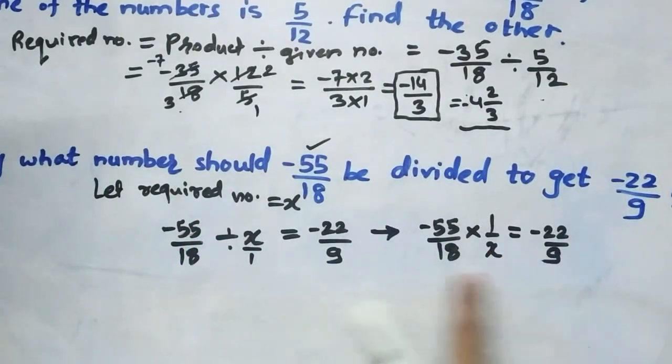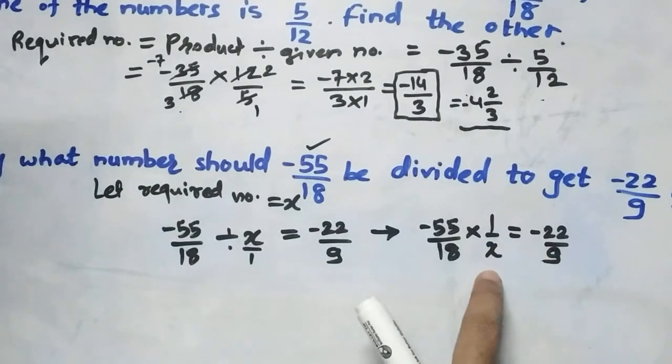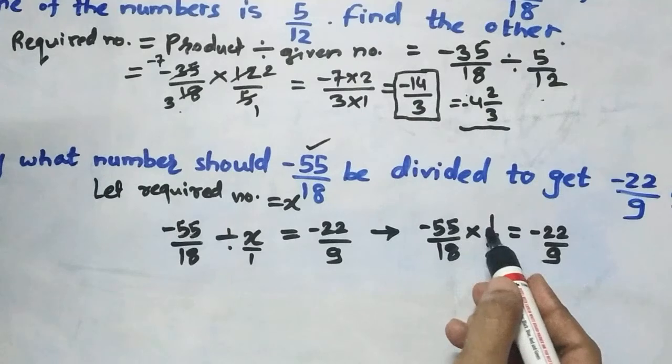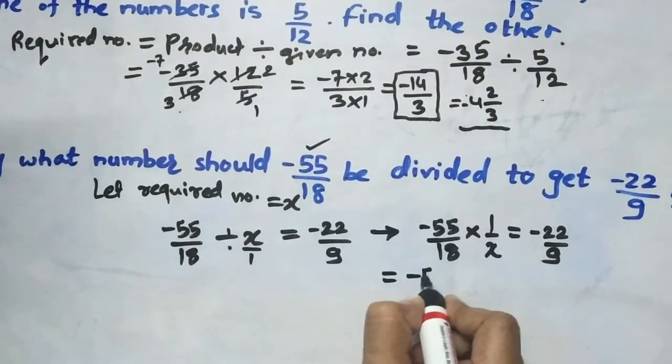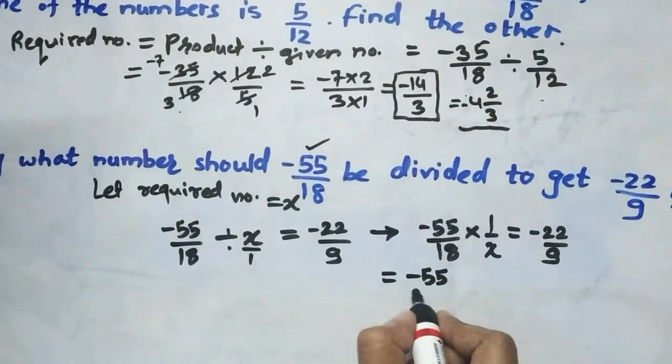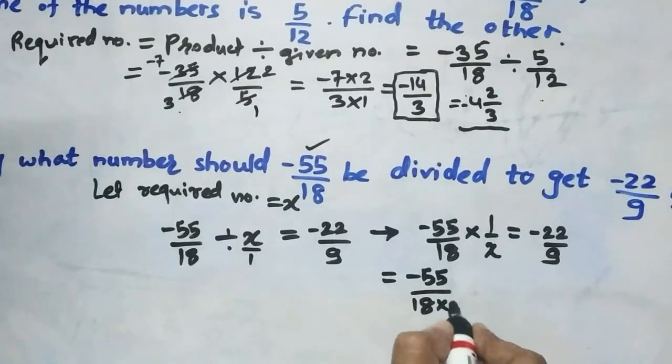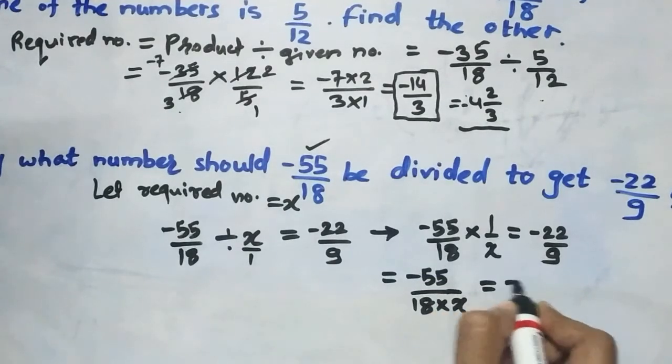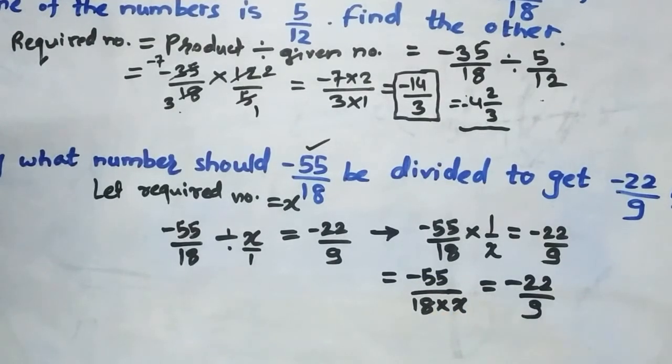Now friends, if we solve this, we will get the value of x. So we can write minus 55 ones are minus 55, divided by 18 into x, or 18x, equals minus 22 upon 9.